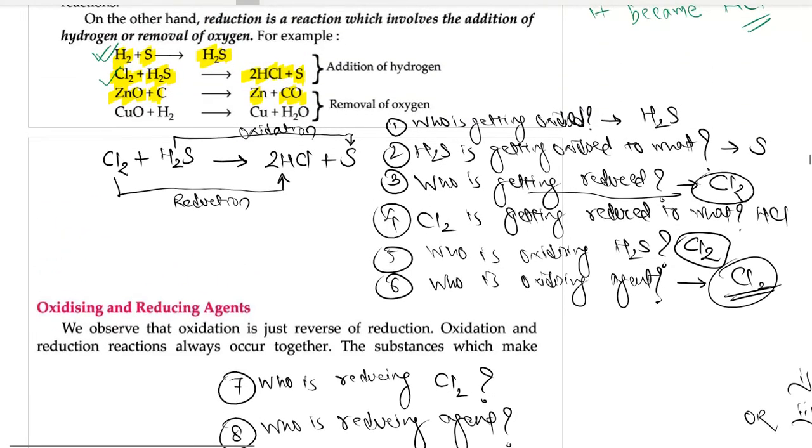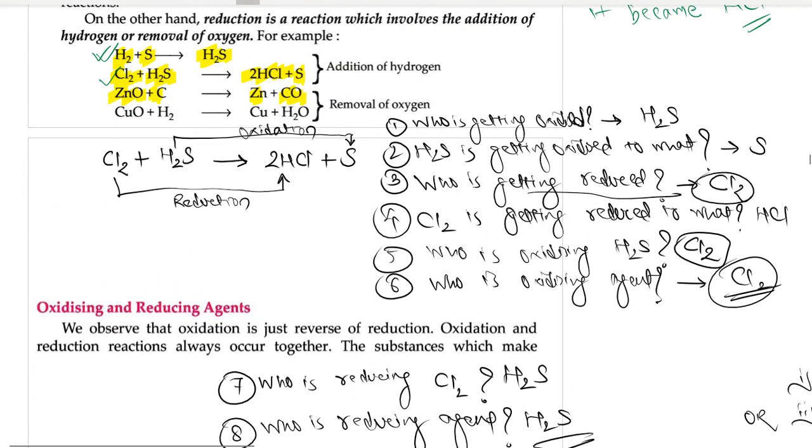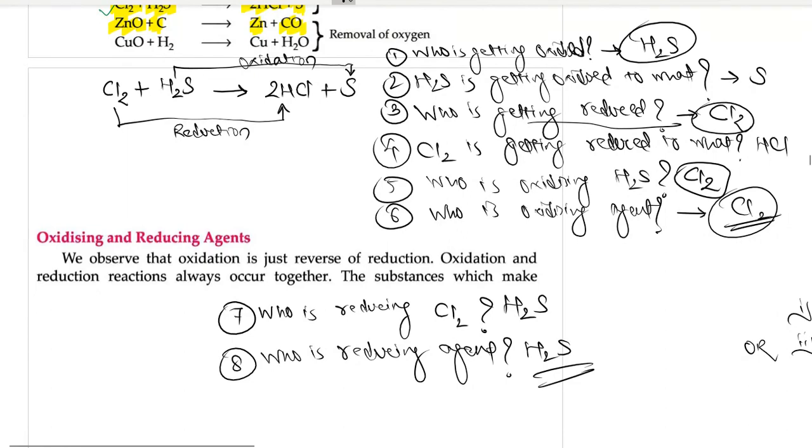Who is giving away its hydrogen to chlorine? Who is adding hydrogen to chlorine? H2S. So who is the reducing agent? H2S. And the reducing agent itself gets oxidized. Who got oxidized? H2S. Right? So it matches. So these 8 questions, if you can ask to any equation and get the answers, your concept of oxidation and reduction will get absolutely clear.